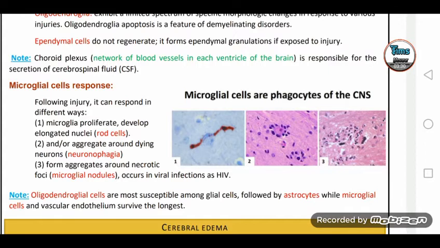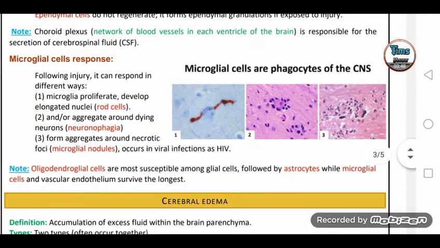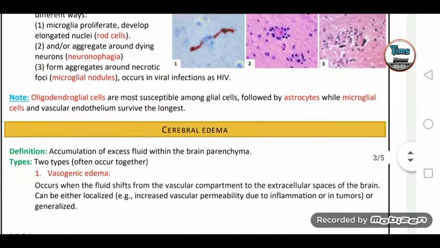But speaking about the glial cells only, the most susceptible cell is going to be the oligodendroglial cell, and then the astrocyte, and then the microglial cells and endothelium, because the previous two can survive the longest. Okay?